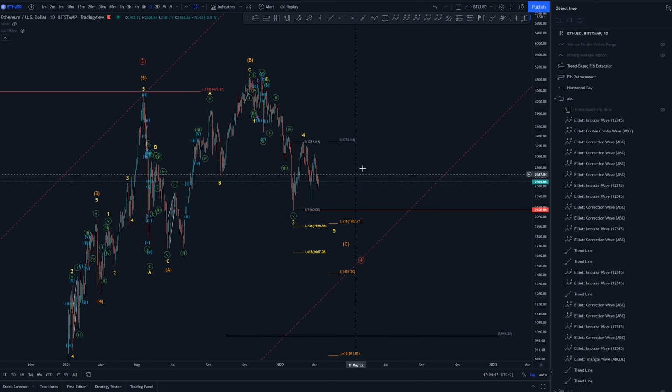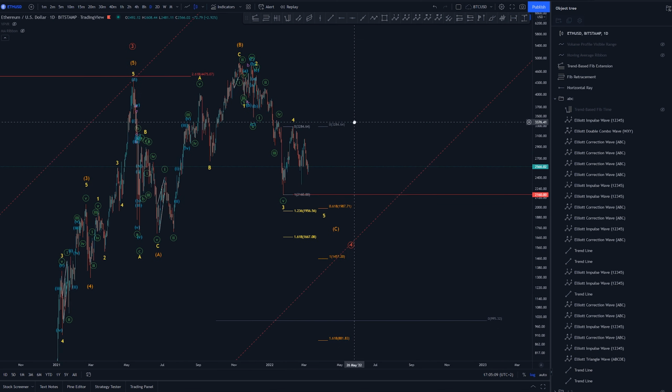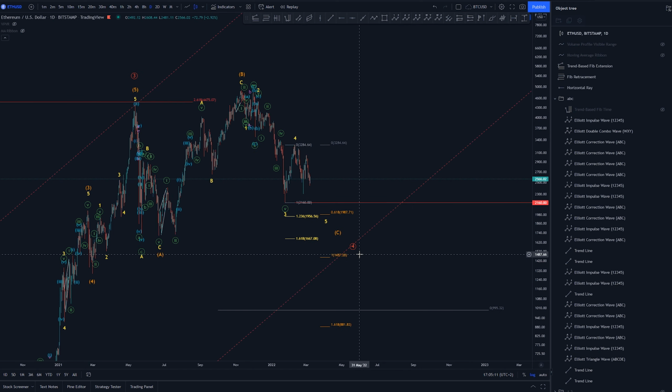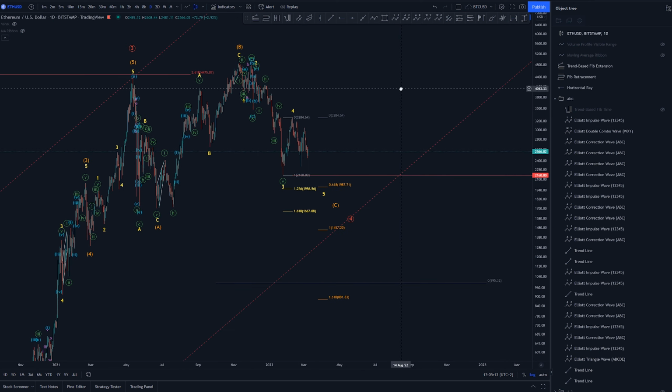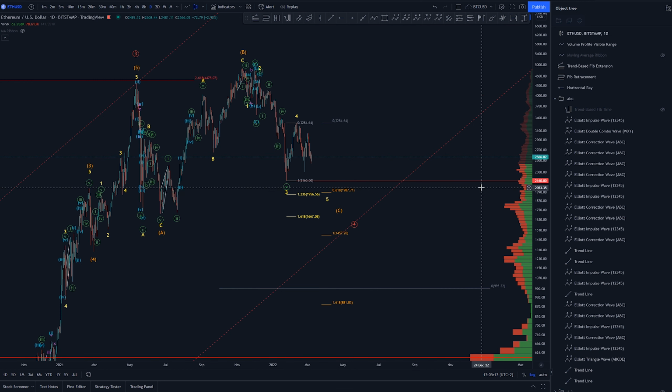Now, even after that, we can still probably get 3 waves around here, making the 1 2 possible at least. And if we're not breaking these lows here around $1,700, then we are still going to have to live with multiple counts.